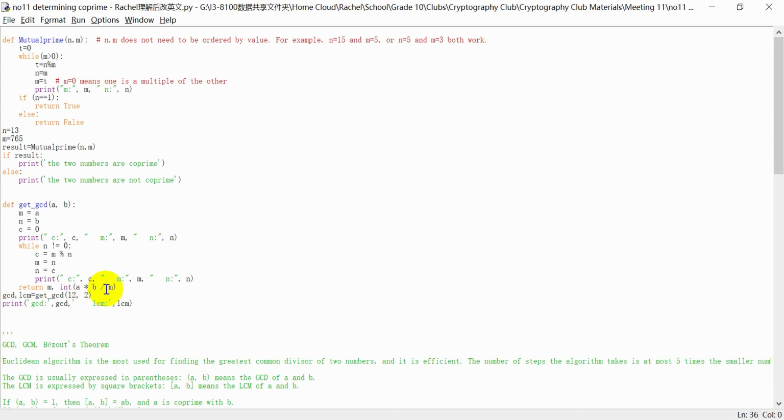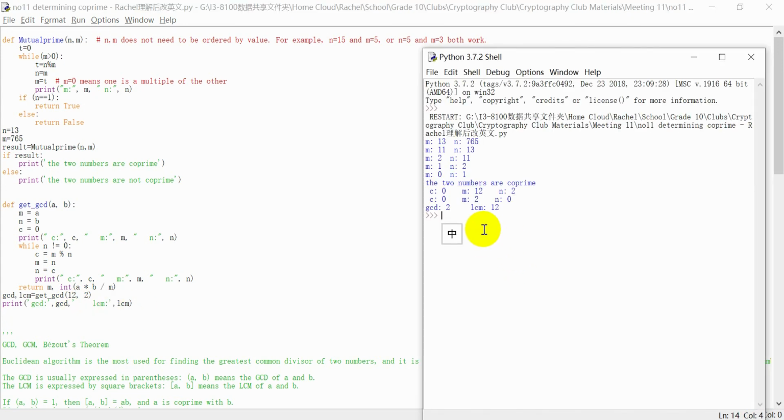We used the formula for least common multiple here to get the result very easily. And then when we run the code, we used 12 as a and 2 as b. So it's going to find the greatest common divisor of 12 and 2 and the least common multiple of 12 and 2. And then we print them.